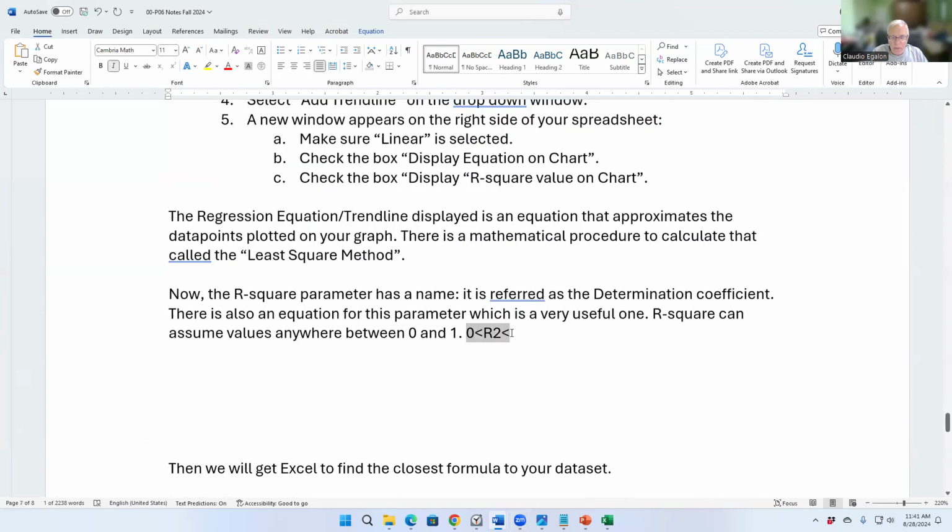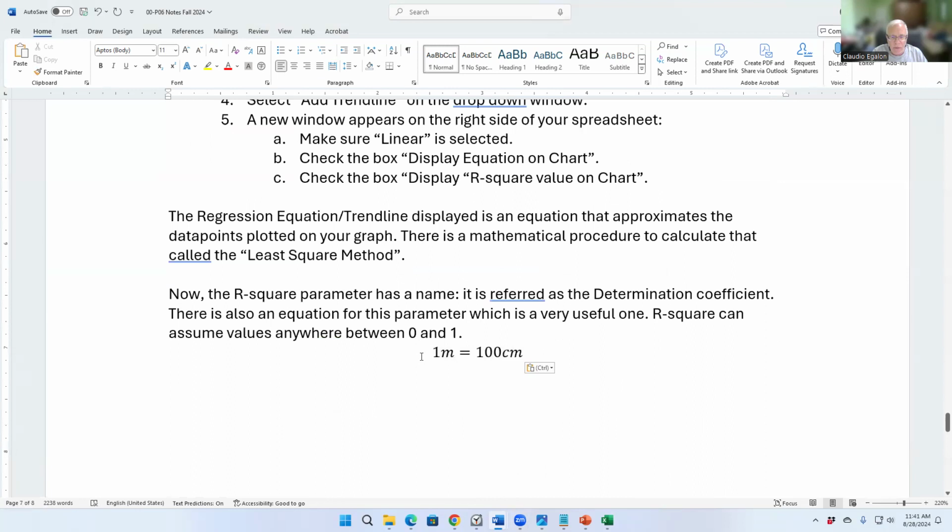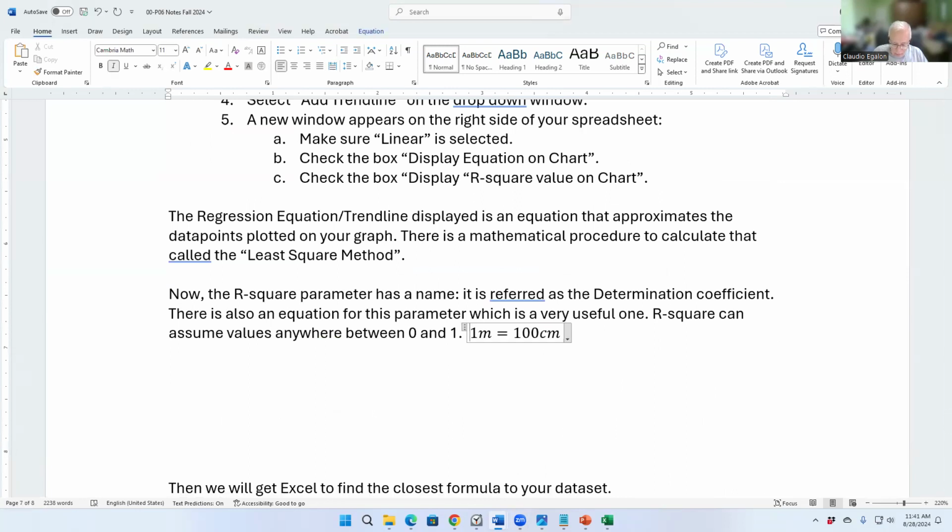So the equation is formulated in such a way that you have those values for R square. R square can be greater or equal than 0 and less or equal than 1.